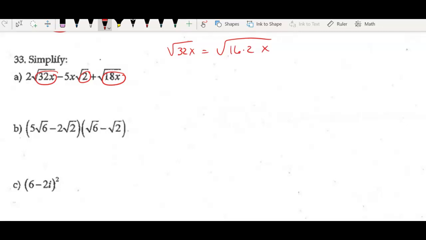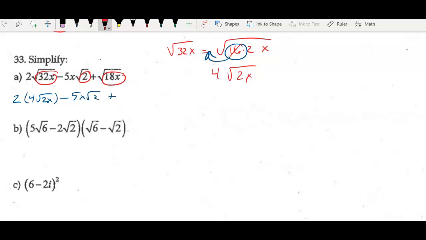Don't forget the x that's in there. 16 pops out of the radical as a 4, and you're left with 2x. So this one becomes 2 times 4 radical 2x. You can't simplify that. It's just 5x radical 2.